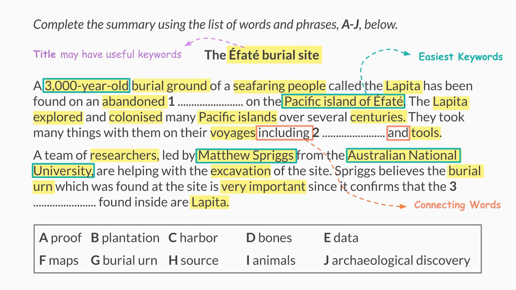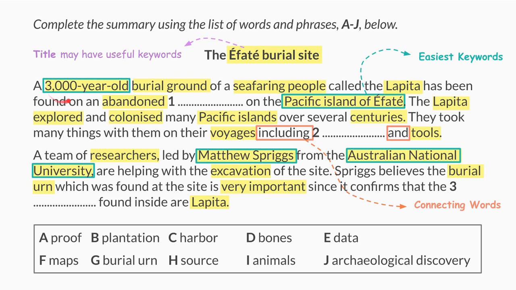I did those easy questions first, and while I was scanning for the keywords to those easy questions, I came across the keyword 3,000-year-old. And I marked it in my article. And since I already found this keyword, I'm going to start off by first answering question number 1 because I already found this keyword while I was scanning for other keywords from the easy questions.